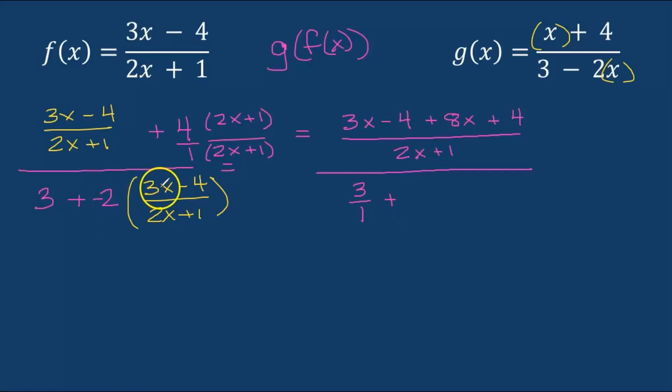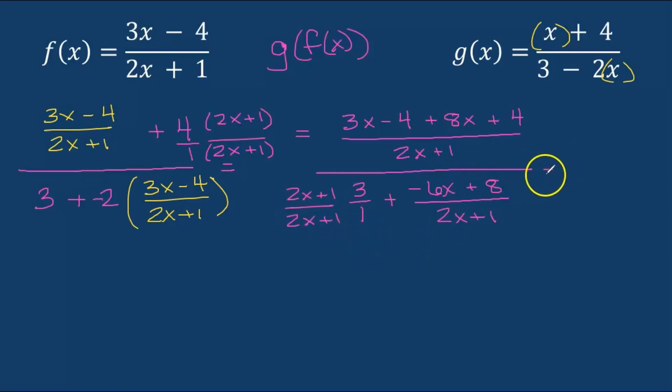So the negative 2 times 3x makes negative 6x. Negative 2 times negative 4 is positive 8. In the bottom, I have the common denominator, 2x plus 1, which I'm going to use now to make it common with the fraction 3 over 1.